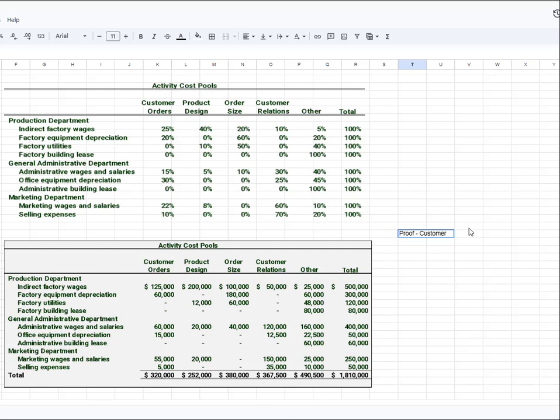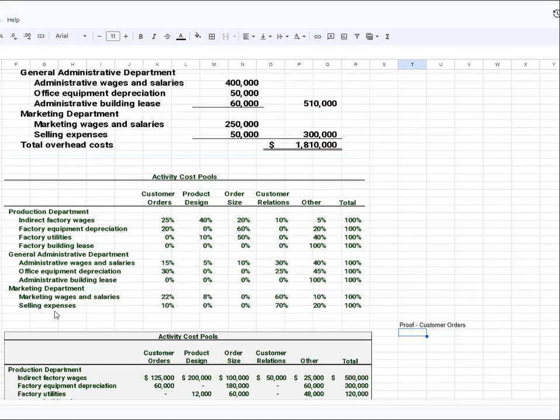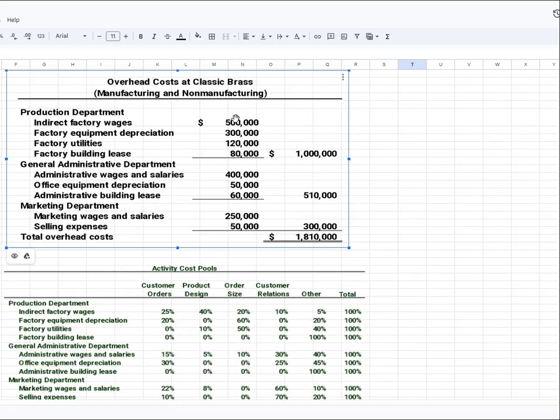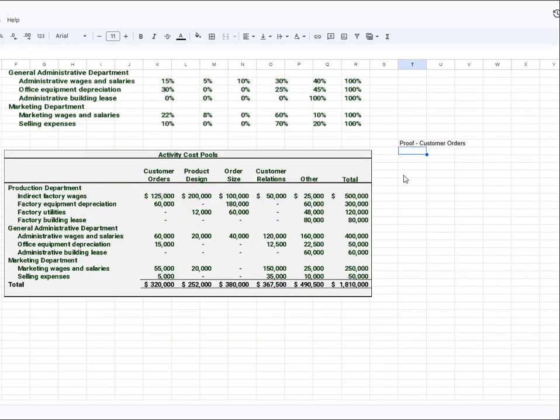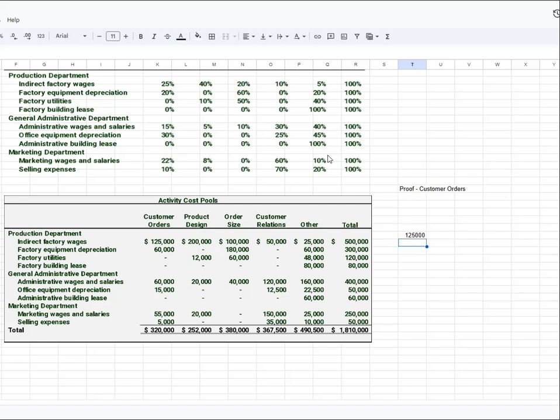All right, so let's do the proof of customer orders. What we have up here is indirect factory wages, and that was 500,000. So I'm grabbing that number from right here. And we have equals 500,000 times 25%.